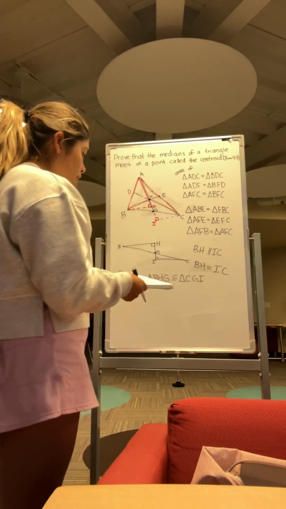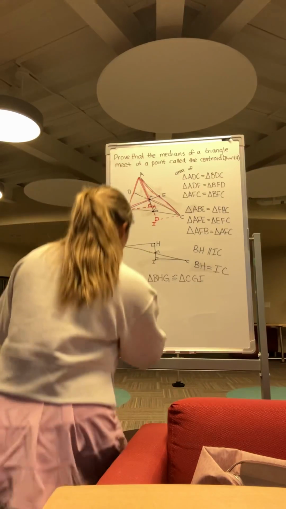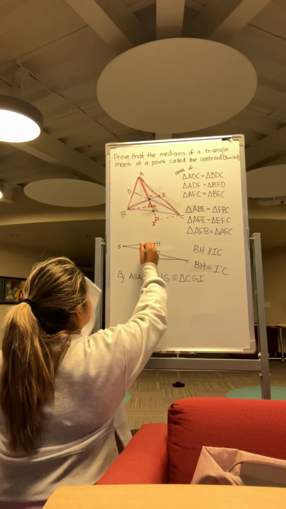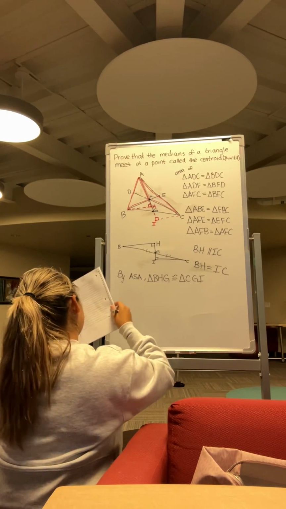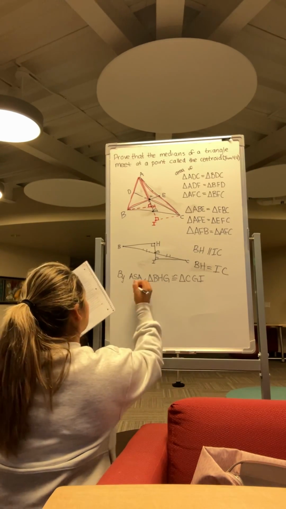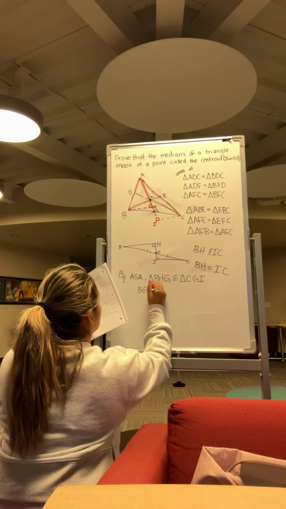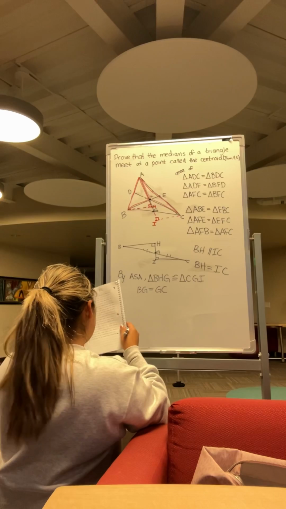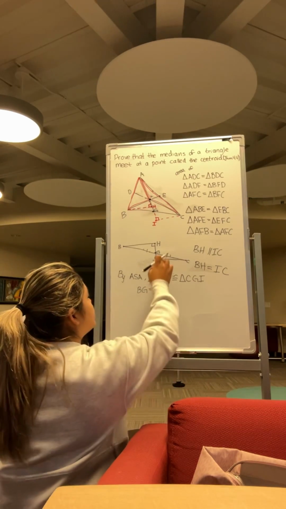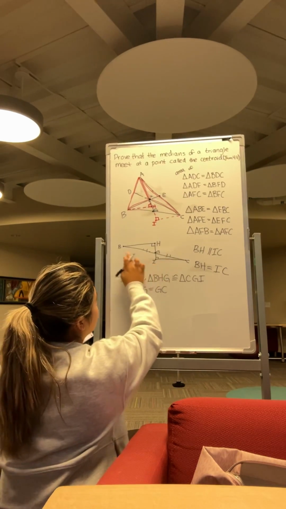Then, therefore, BG equals GC. Okay? And G is the midpoint of BC.